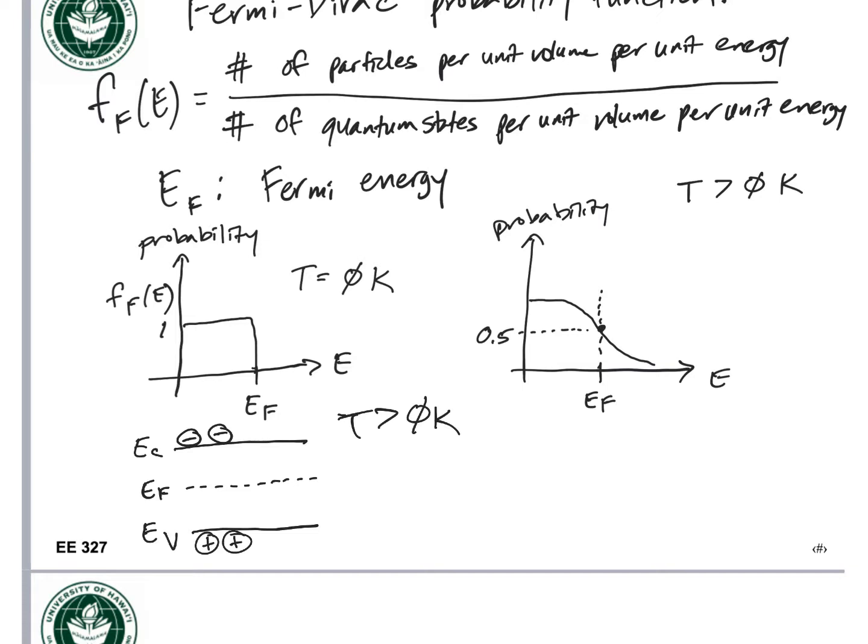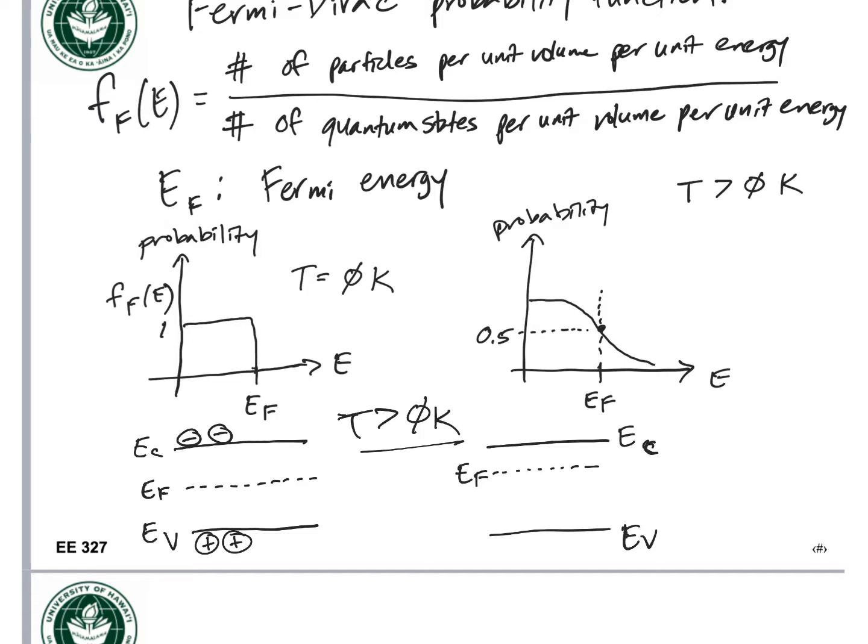Okay, so again, we'll say temperature is greater than 0. What does it mean if my Fermi level is closer to the conduction band?